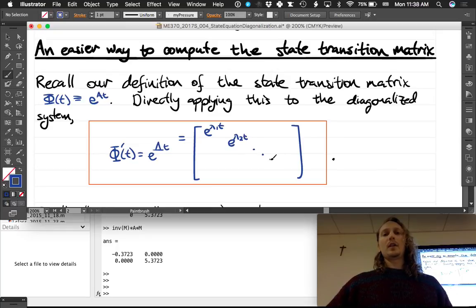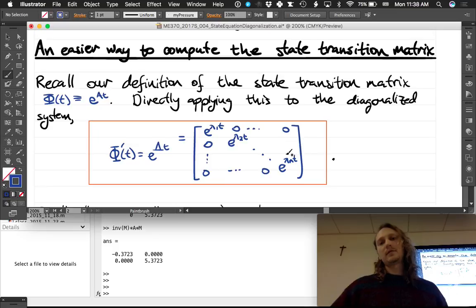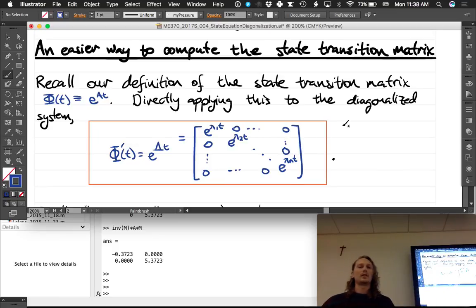And then we go all the way down to e to the lambda n t. Okay? So that's pretty sweet. And then everything else is 0. And that's our state transition matrix in the primed coordinates.